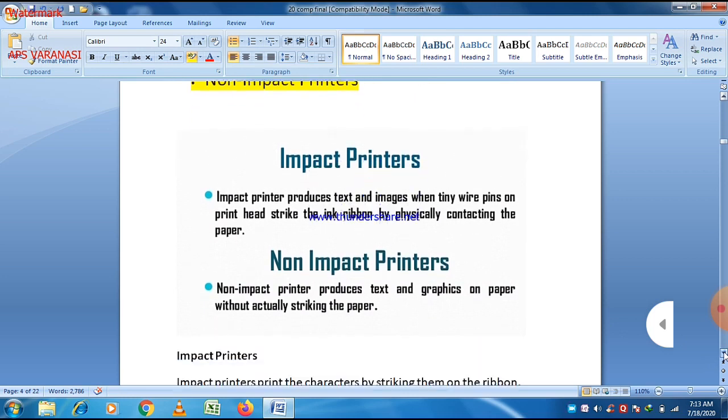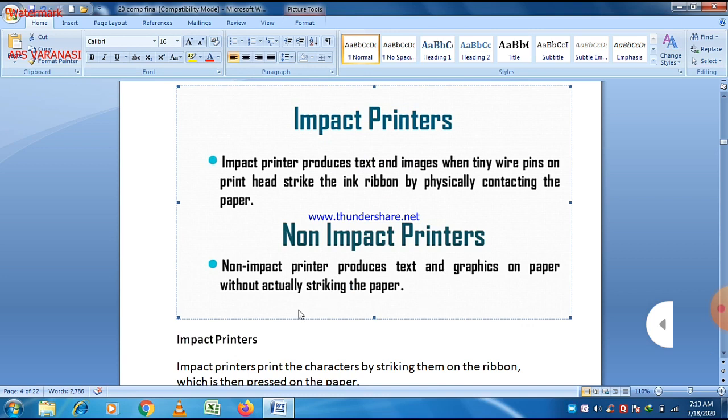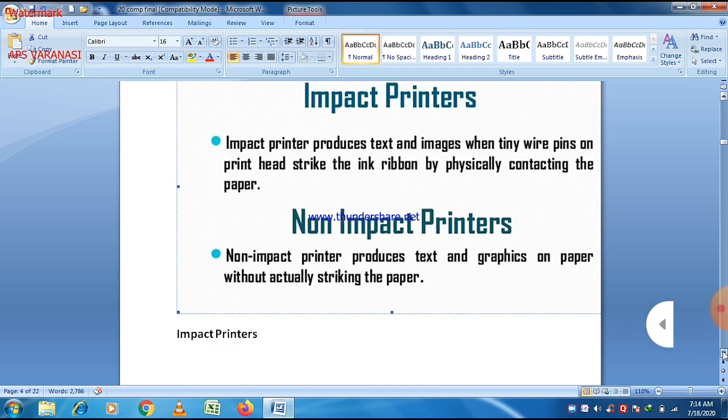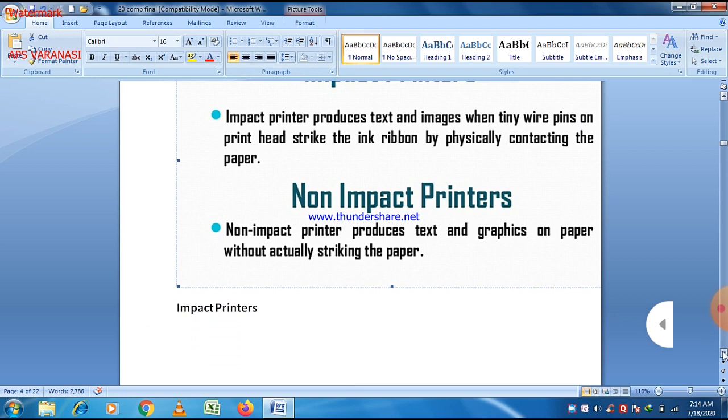Impact printer produces text and images when tiny wire pins on the print head strike the ink ribbon, physically contacting the paper, and non-impact printer produces text and graphics on paper without actually striking the paper. That's why they are called impact, because they create an impact on paper. Non-impact printer does not create any type of impact on paper.